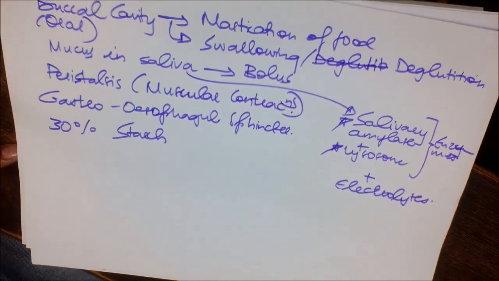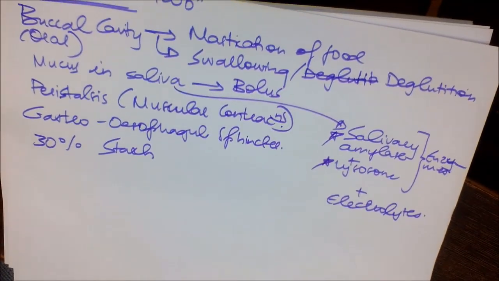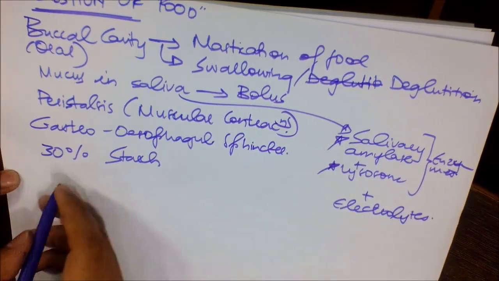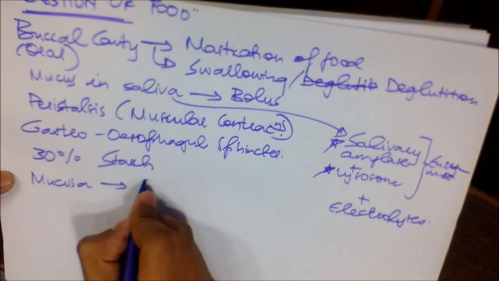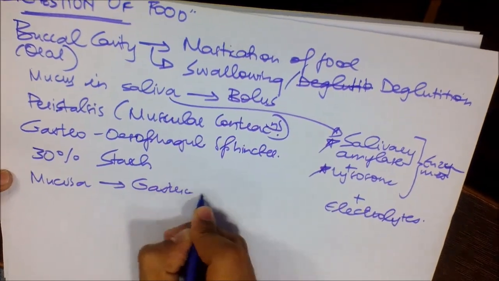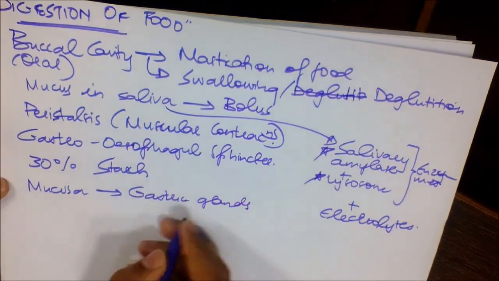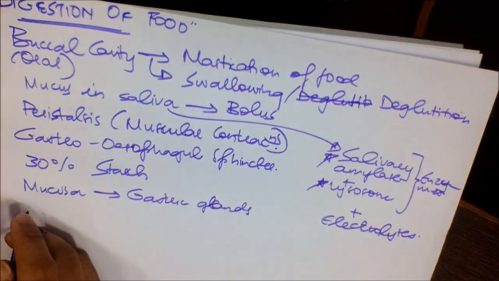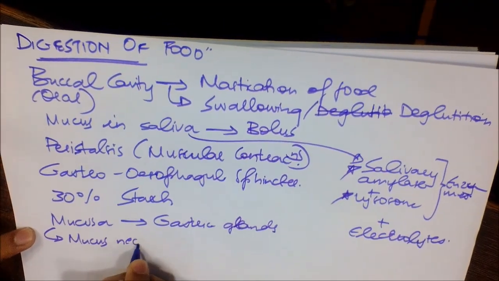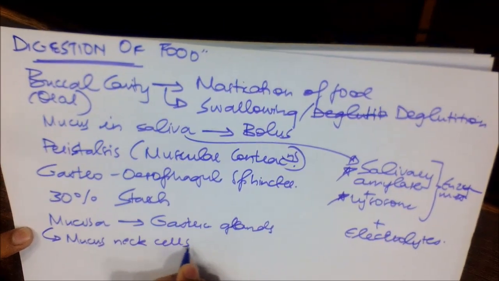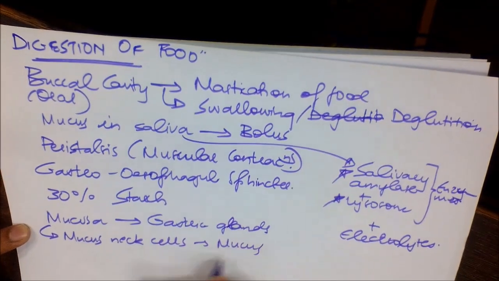The mucosa of the stomach has gastric glands, which have three different types of cells. Firstly, mucus neck cells secrete mucus.